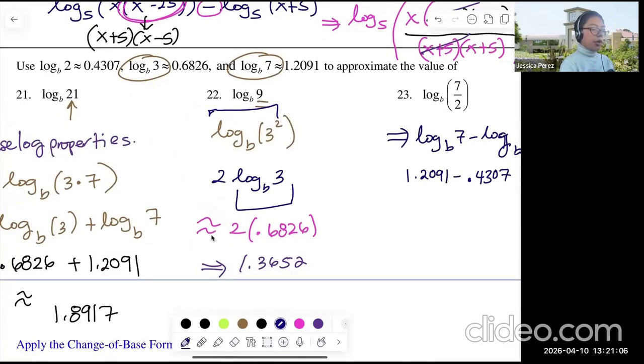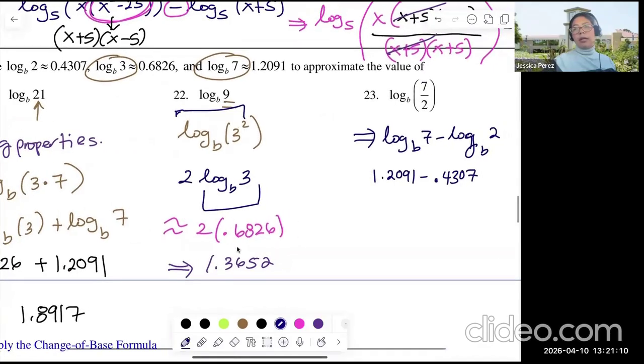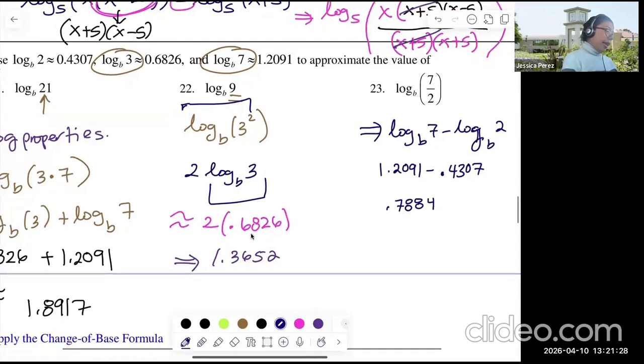Let's punch this in our calculator. What do we get? I claim you should get 0.7784. Let me rewrite that, 0.7884. Okay, and that is an approximation.